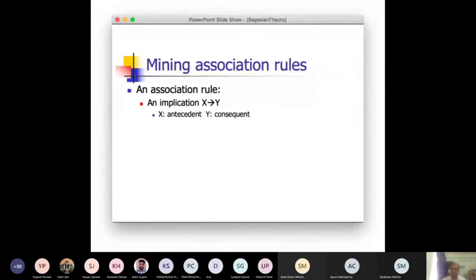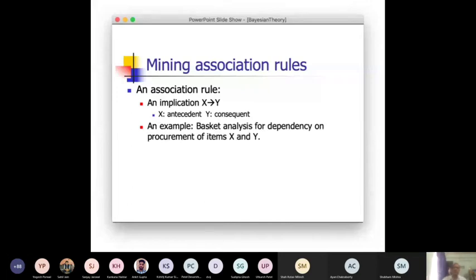You are trying to find some rules, and you know the antecedent part is the conditional part of if-then logic. So if the antecedent is true, then the consequent is true.